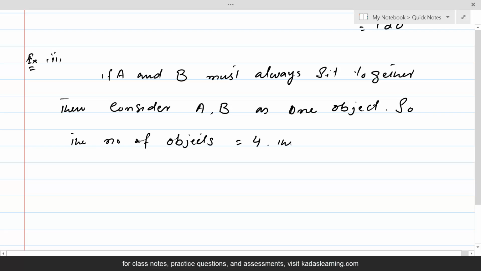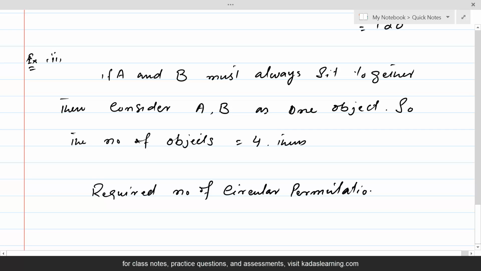Thus, the required number of circular permutations is equal to, if these are 4 objects, then the number of permutations would be, of course, 4 minus 1 factorial.